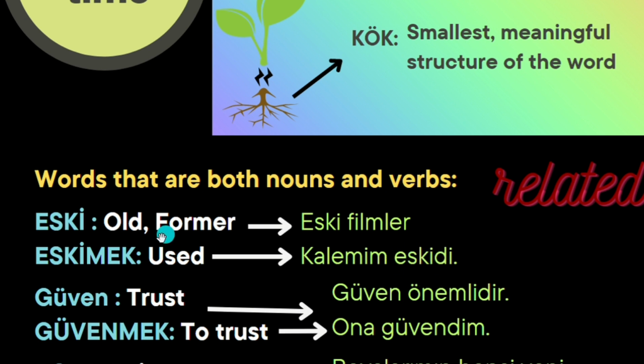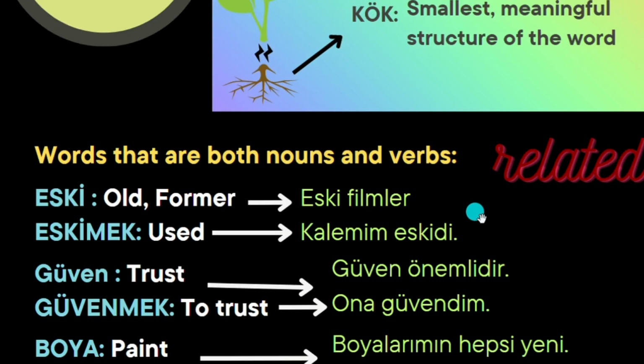Eski is our verb, and this D makes the verbs past tense. Okay, my pencil is old, or my pencil just used, you know.